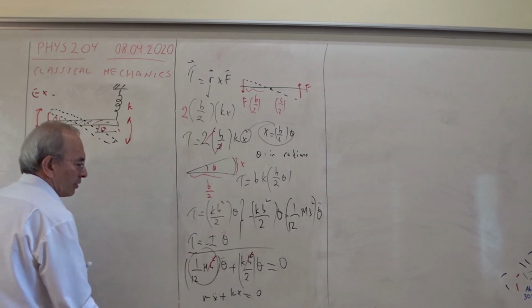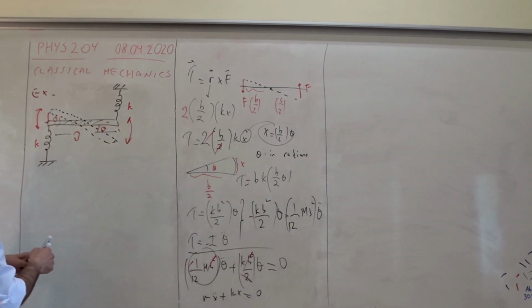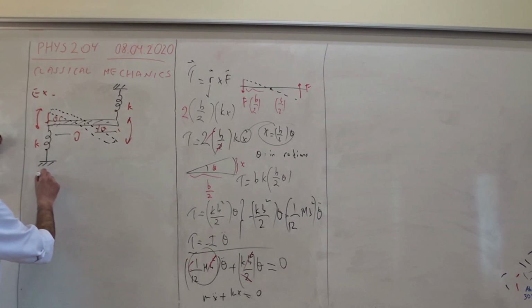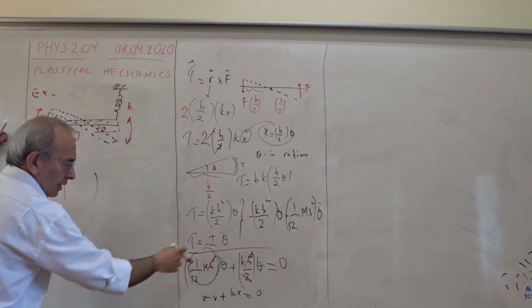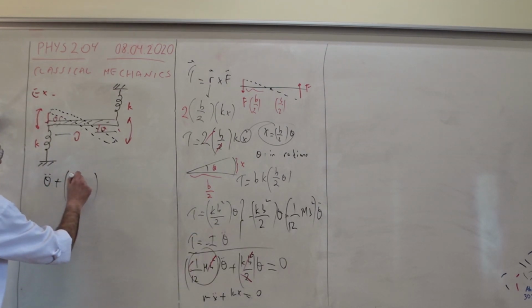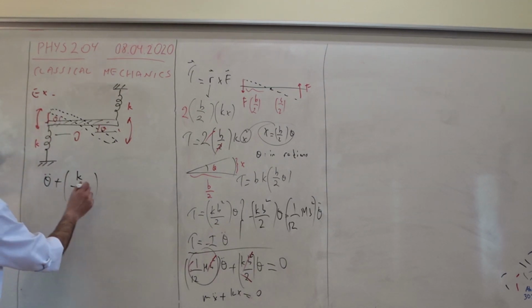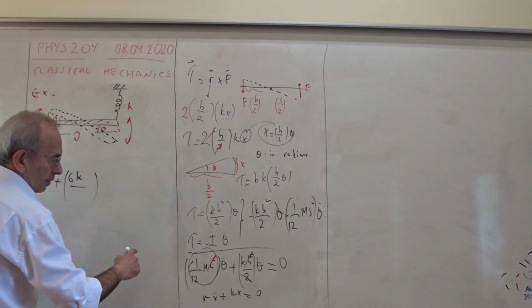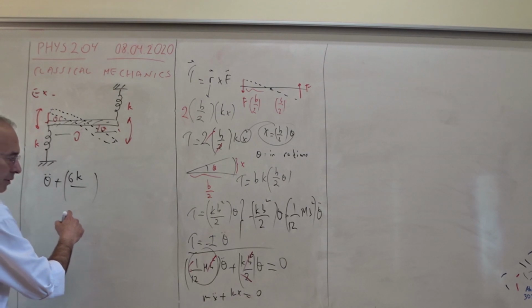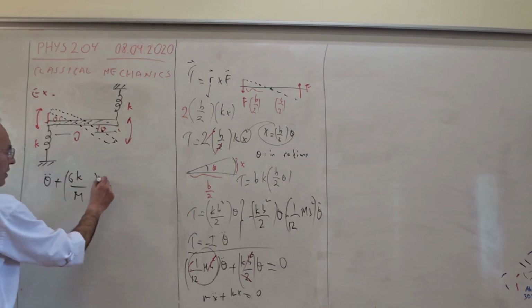If you multiply by 2, this will be 6, this will cancel, etc. So that we have theta double dot plus, after cancellation of B squares, K, and 6 will be here. So multiply by 2, there will be a 6 here. Also an m there. 6k over m, theta is equal to 0.